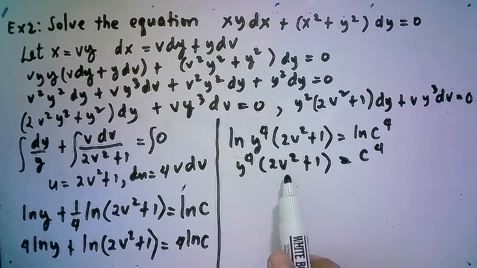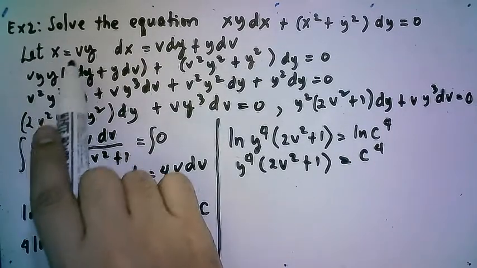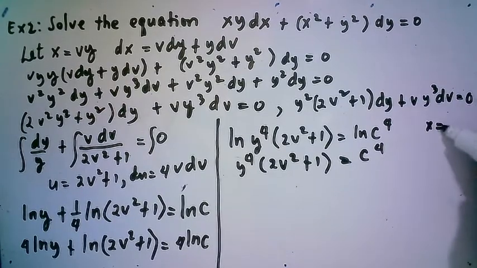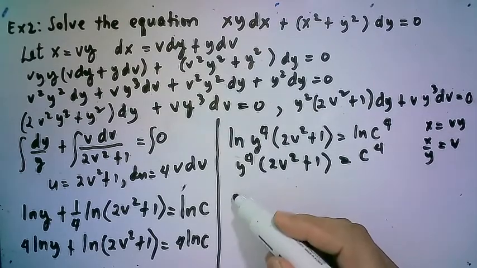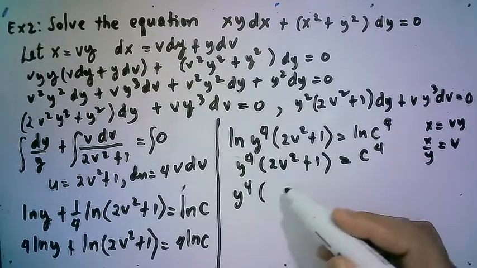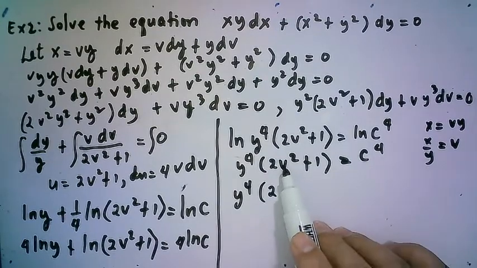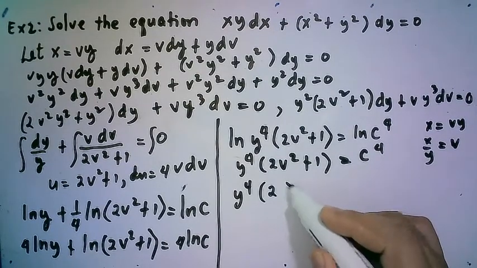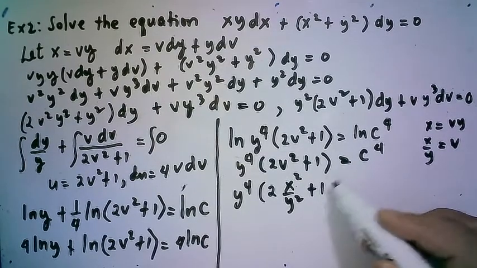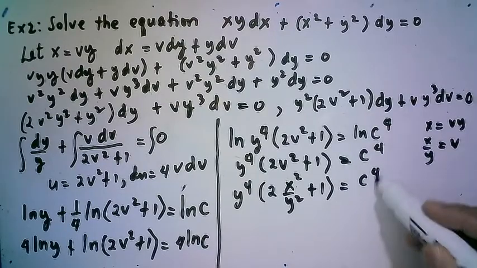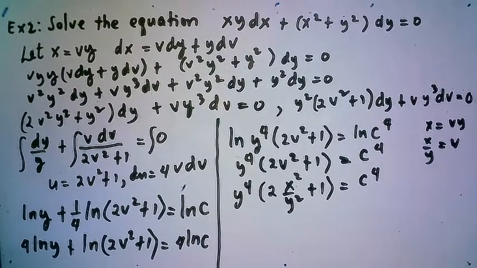This time, we will substitute v from our substitution x equals vy. Remember, x equals vy, so v is equivalent to x over y. So we have y to the fourth times 2 times x squared over y squared plus 1 equals c raised to 4. And then combine this one with 1.